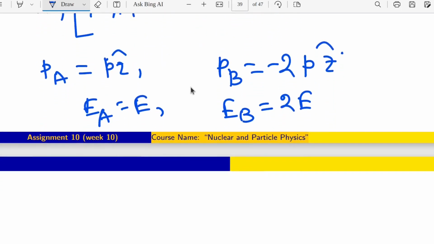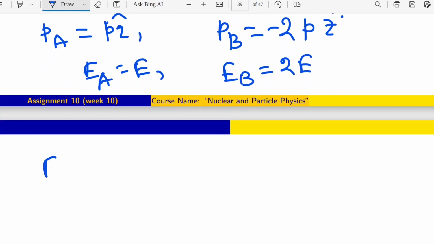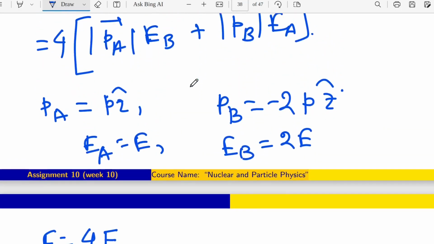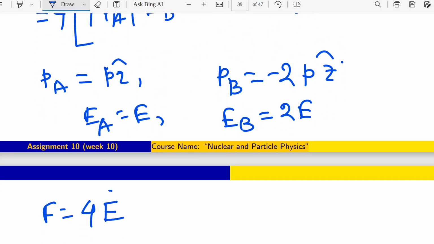If I put these values here, the flux density will involve mod PA times EB, and we are taking the mod value, so we are not taking the direction here.